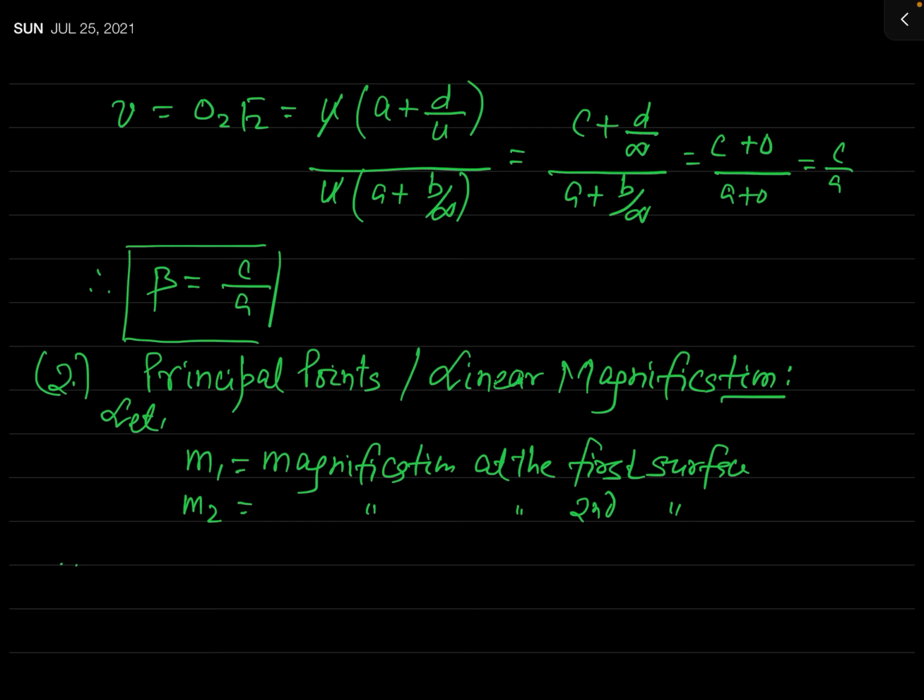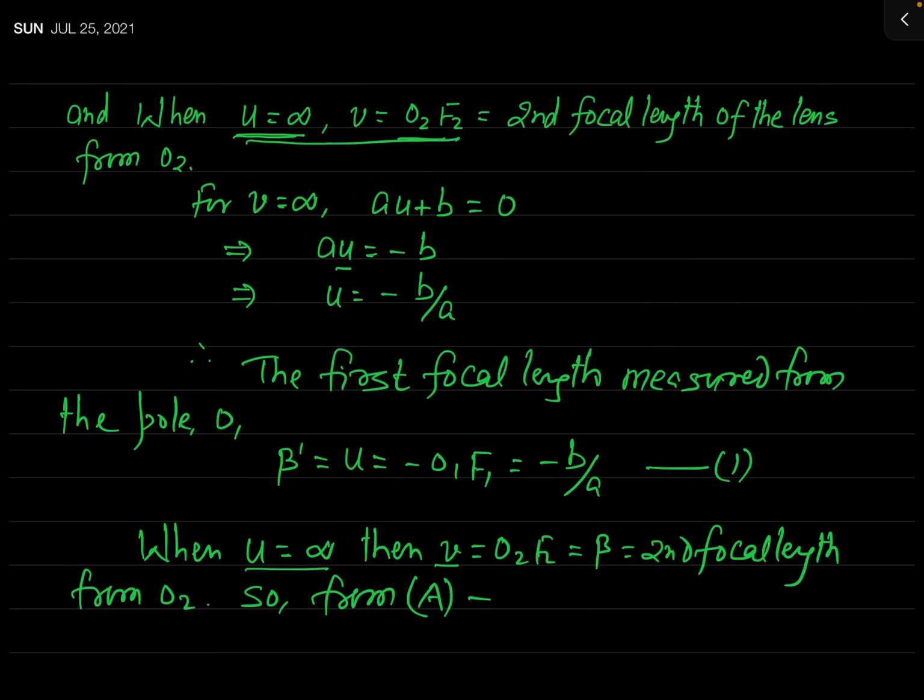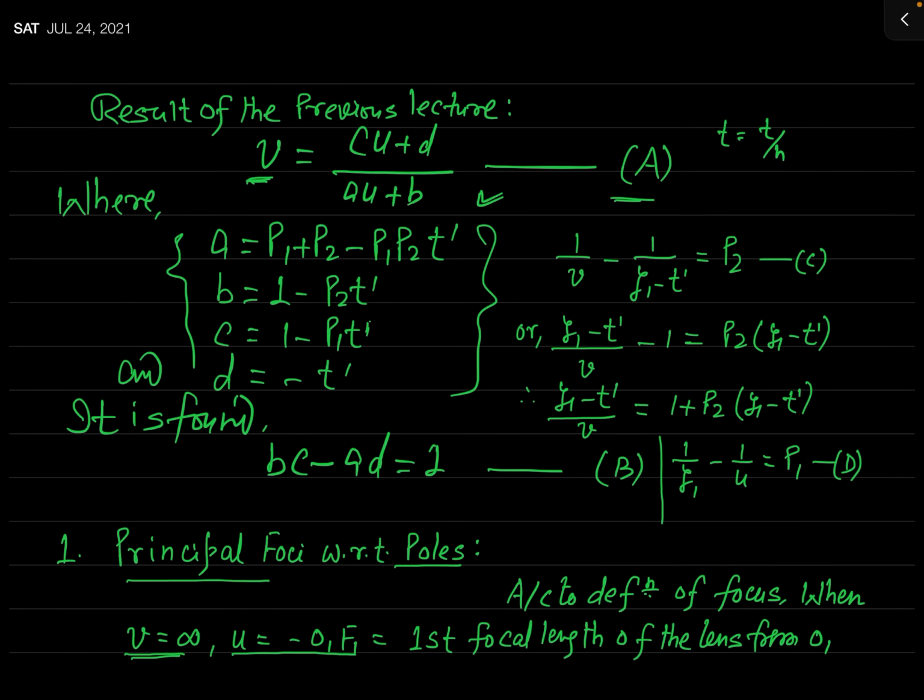Now, according to the definition of magnification, M1 will be defined as Y1 over U. In fact, magnification is simply V by U, as in equation D, which has been written for the first surface.